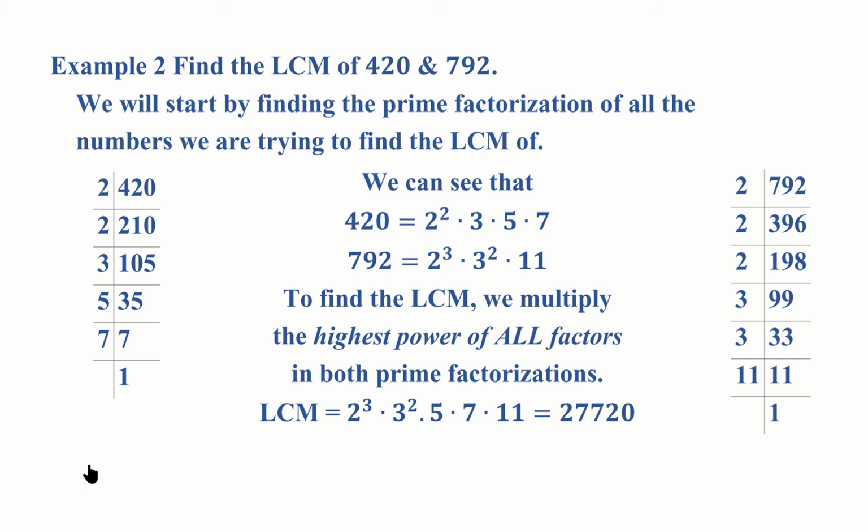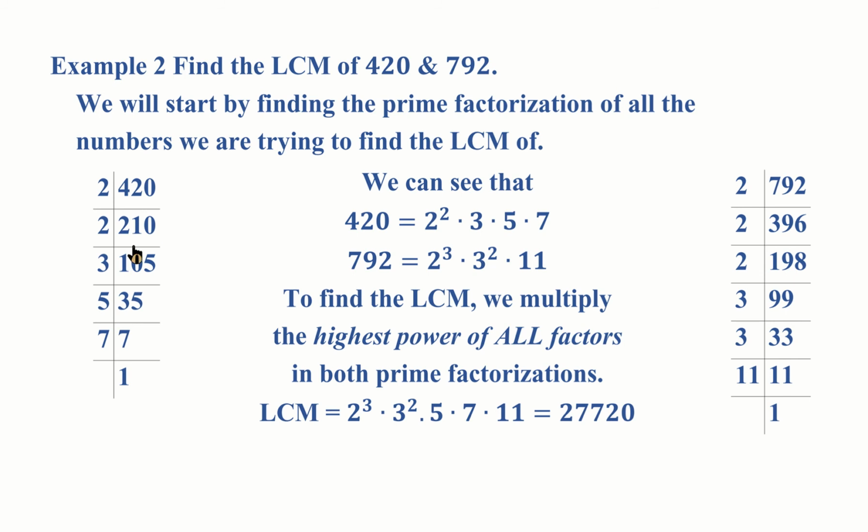Remember, write 420, draw a line, then ask yourself, what's the smallest prime that goes into 420? Of course, that's 2 because 420 is even. So 2 goes into 420 210 times. Ask the same question again, what's the smallest prime that goes into 210? 2 again, you divide, you get 105. 2 won't work anymore, so we notice 1 plus 0 plus 5 is 6.